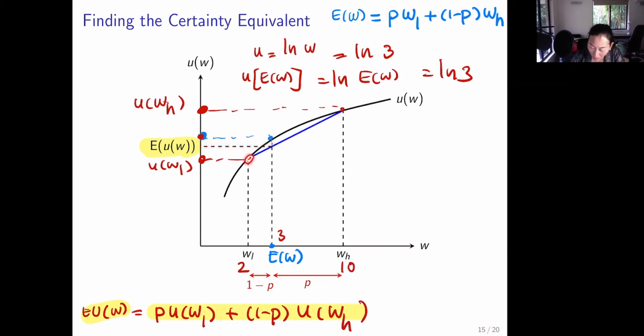You have U(WL) here and U(WH) here, and you draw a straight line. The convex combination between these two points is your expected utility value, so it has to be a straight line. It's not that point, sorry. It has to be this point, okay?